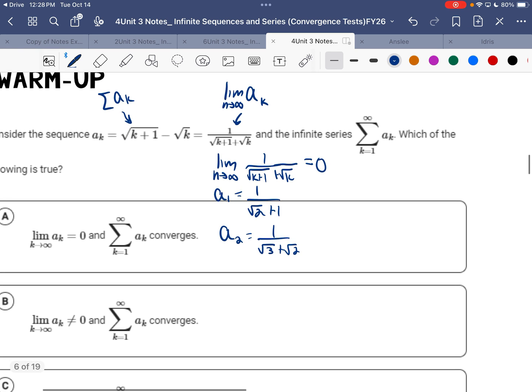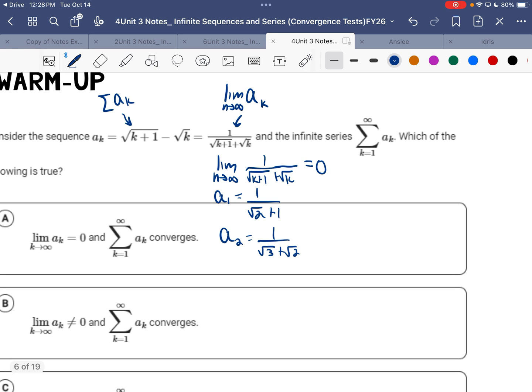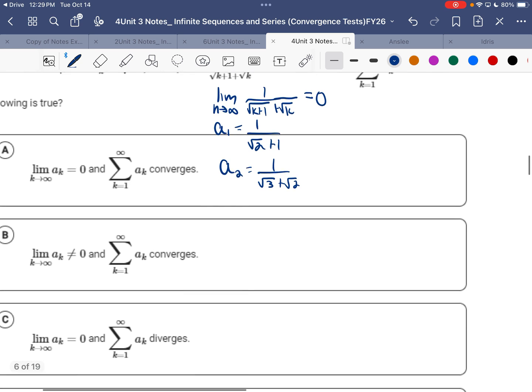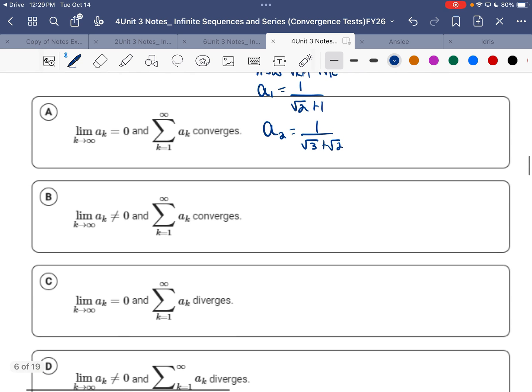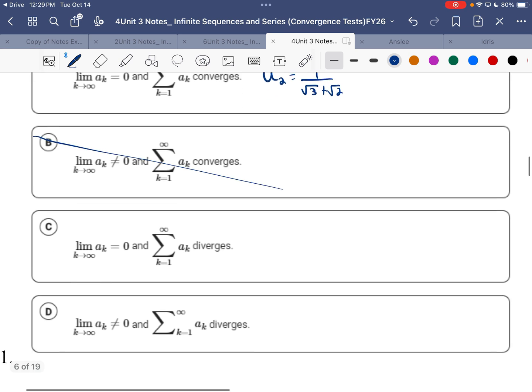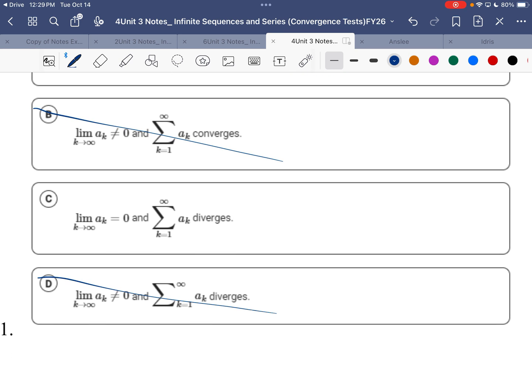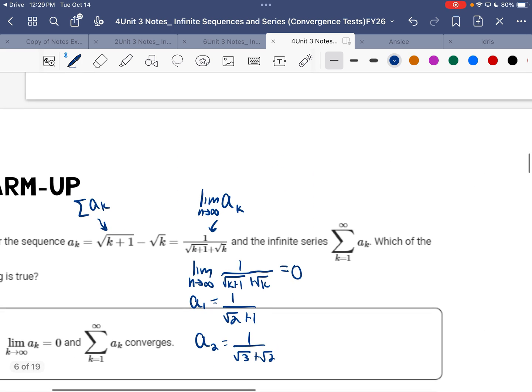What's happening in the denominators? They're getting bigger, so the entire fraction is getting smaller, but it's never going to be smaller than 0 or negative, so it's going to approach 0. So we're already between A and C.